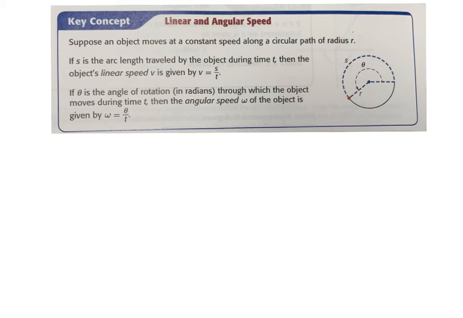So if you were to put some type of paint on it and release paint, how far would that paint go? And so you have to consider the circumference of your tire when you are considering the linear speed.